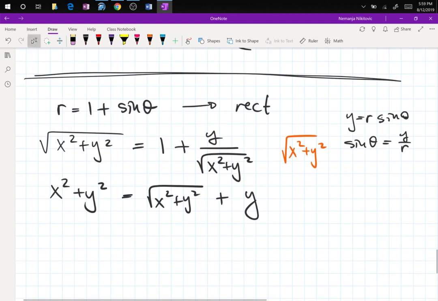Oh, can't see any of that stuff. So if you want to convert R equals 1 plus sine theta to rectangular coordinates from the polar domain, holy nightmare, right? And look at the equation you got on the bottom. Can you make this into y equals everything else? No, you can't. You can just look at it and cry.